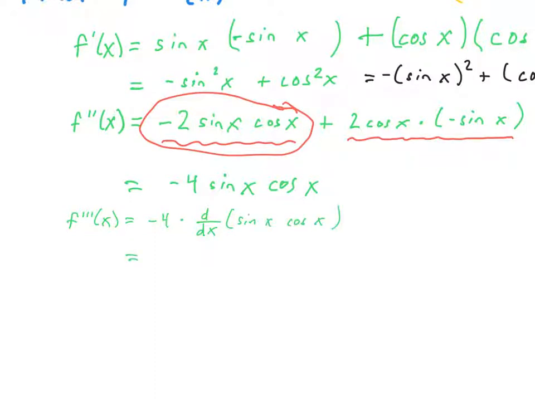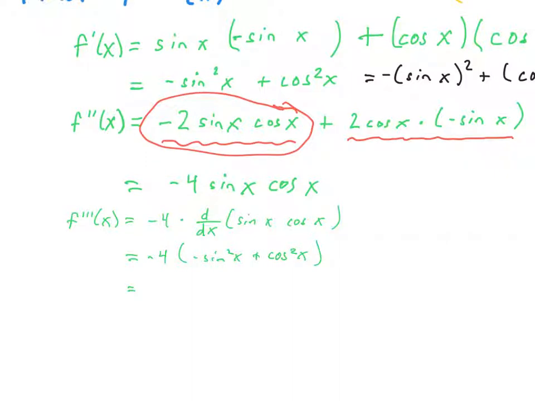And we've already figured out what the derivative of sine x cosine x would be. That's this negative sine squared x plus cosine squared x bit right here. So we should have negative 4 times negative sine squared x plus cosine squared x.